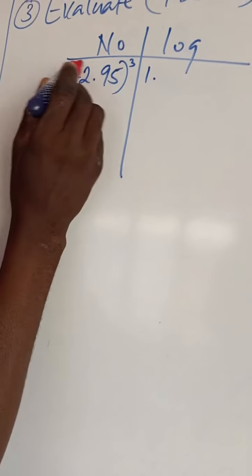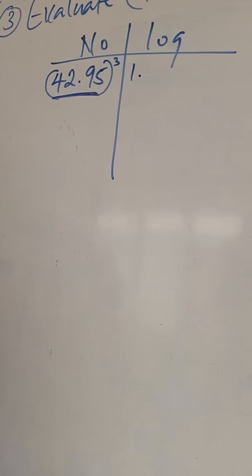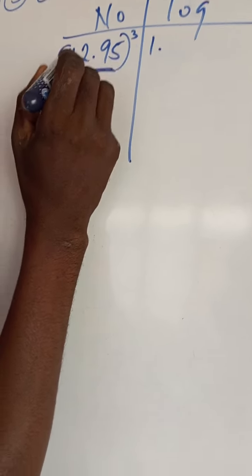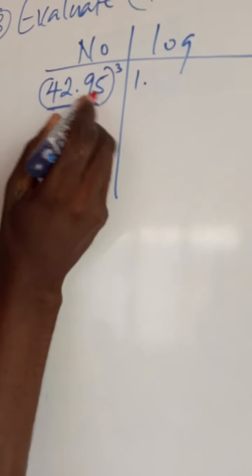The characteristic of this one is just 1. I'm dealing with the 1 inside the bracket first, not concerned with the 3 now. When it's raised to a power, you just multiply by that power. We take 1, which is the characteristic. Now we look at 42 under 9, difference 5. Let's check it: 330.